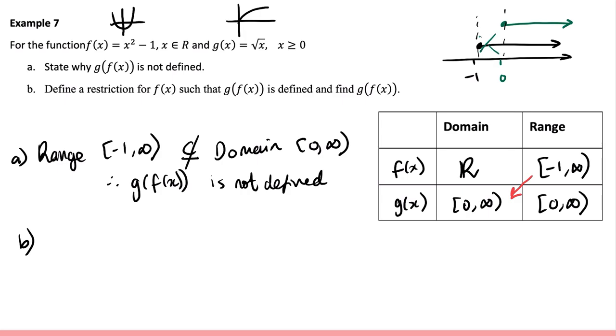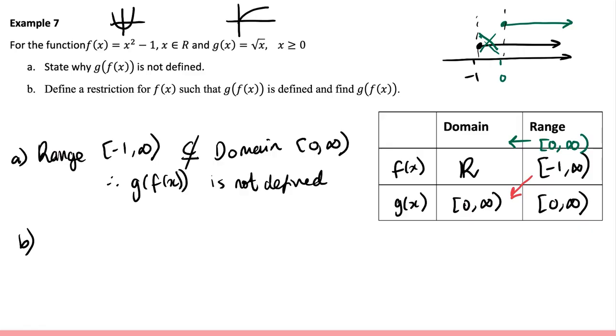Just get rid of it. Instead of the range being from -1, what I want is for it to be 0 to infinity so that it matches. That's the largest range I can have that actually works. But as we said, we don't talk about functions in terms of their range. We always talk about them in terms of their domain. So now that I know I want the range to be from 0 to infinity, I need to think about what the domain will be.